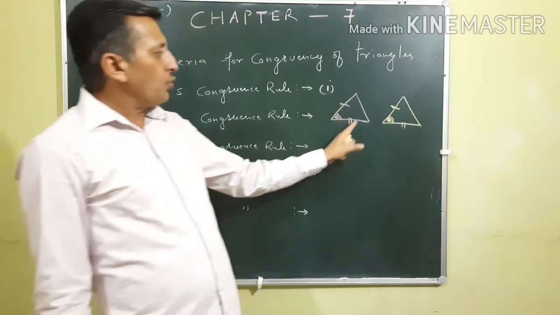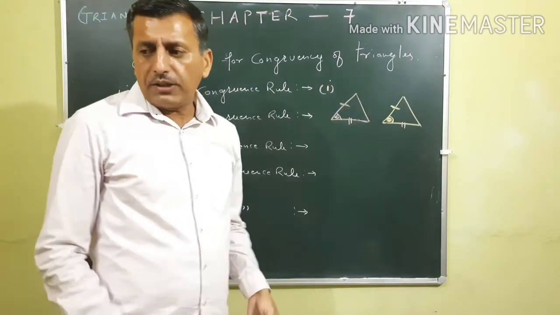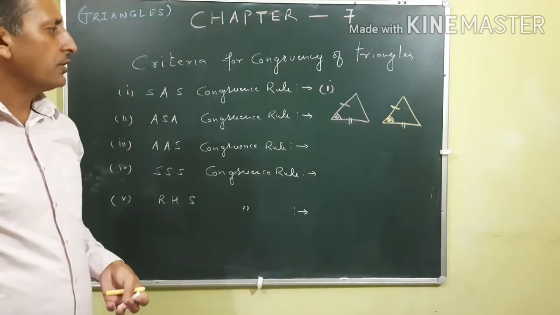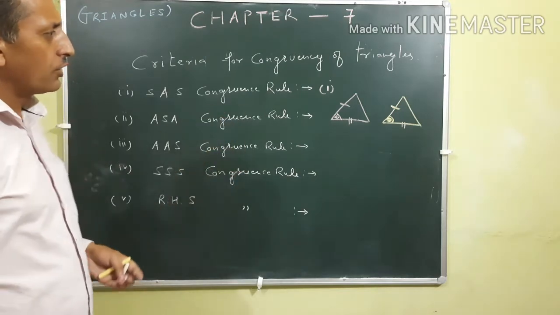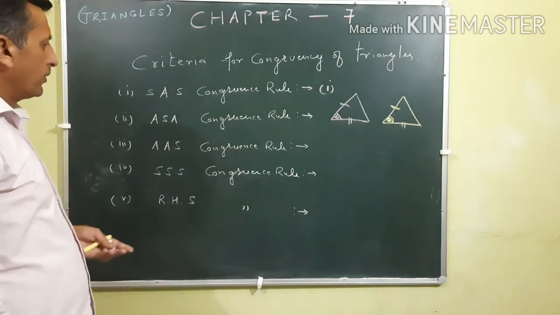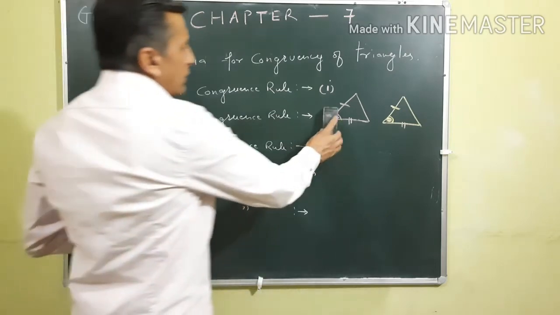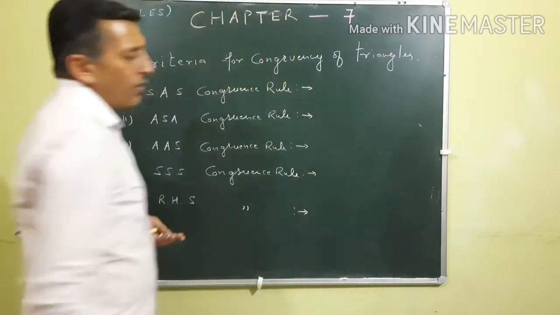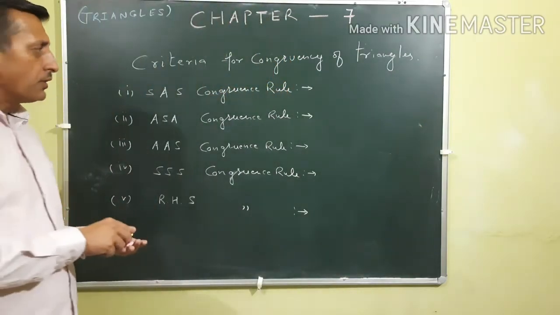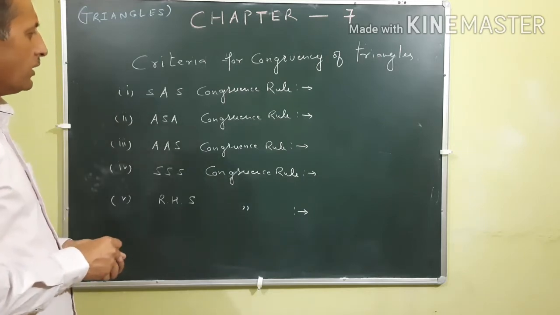And if these two triangles are congruent, after that you can apply your CPCT rule, that means corresponding parts of congruent triangles. So this is the first rule: side angle side of one triangle should be equal to side angle side of the second triangle.